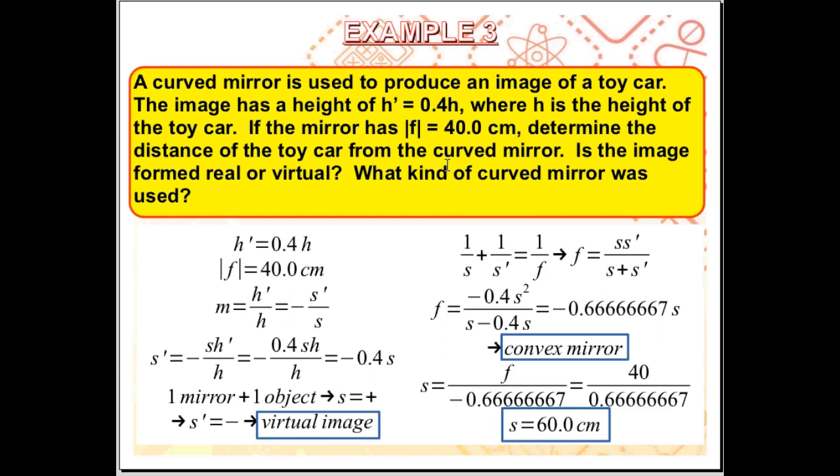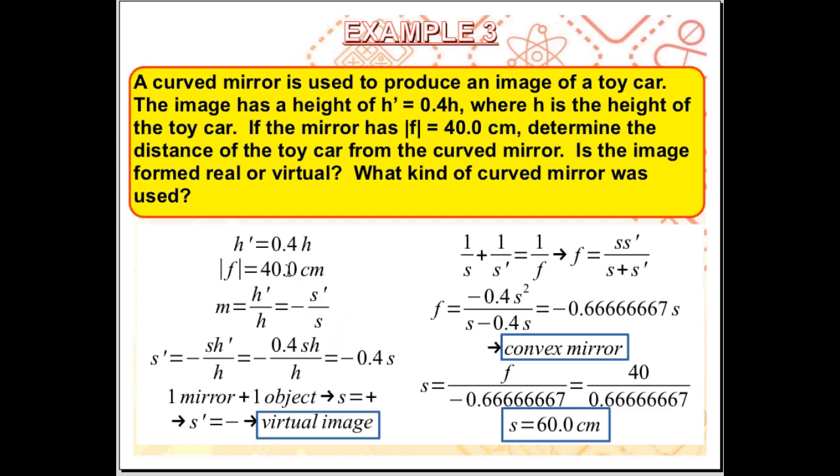So h prime, according to the problem, is 0.4 h, and the absolute value of the focal length f is 40 centimeters. First, we look at the magnification equation, the lateral magnification. M is equal to h prime over h. M is also equal to negative s prime over s.